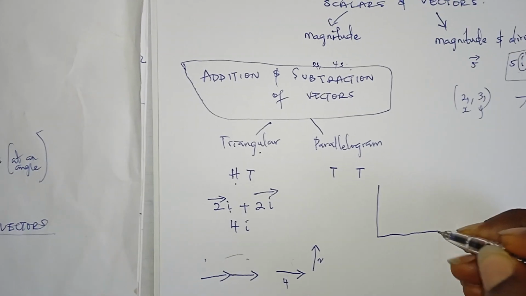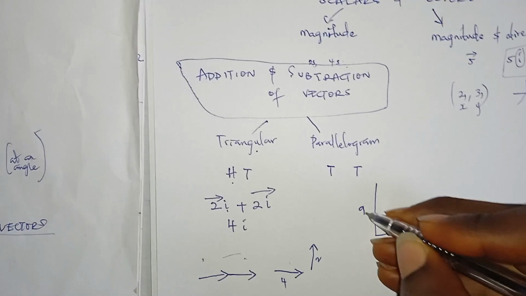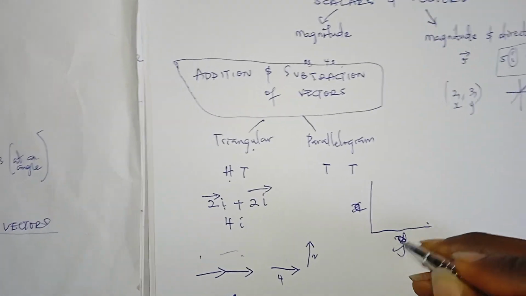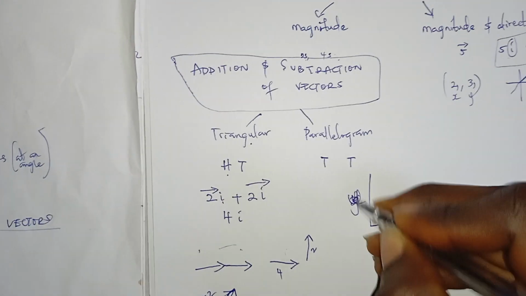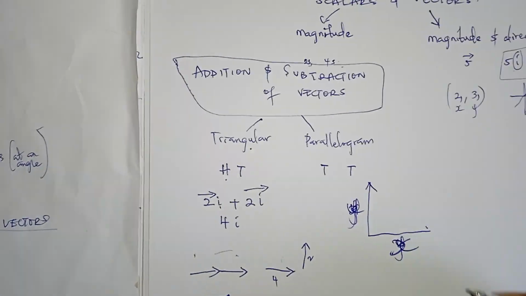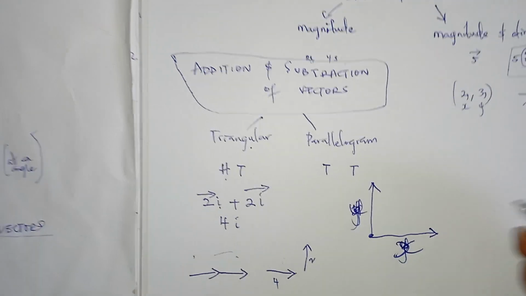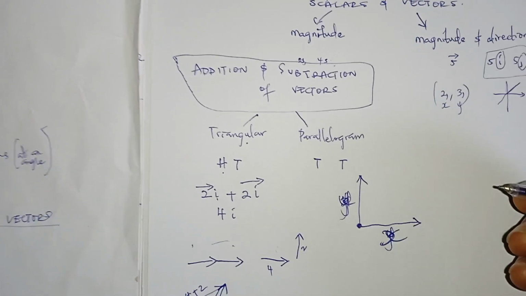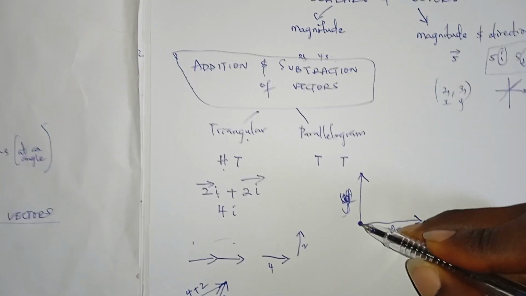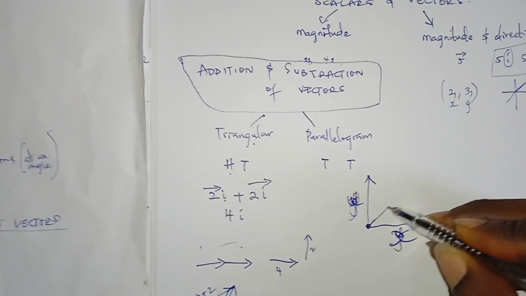Let's say A and B, or let's use X and Y. Now, it's saying that in a situation where I have the head this way and the head this way, the tail of Y and the tail of X should join, and the tail of the resultant should come and join there as well.